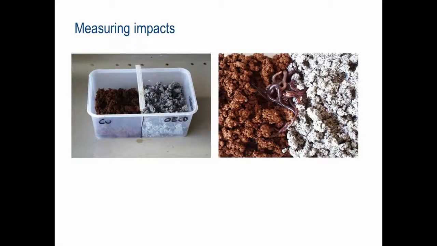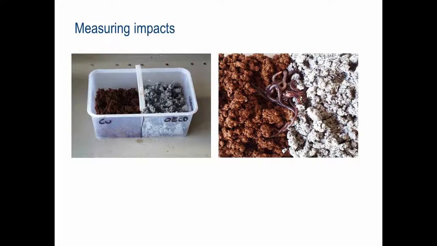Essentially, what we diagnosed this issue down to was the fact that this particular soil has had 30 or 40 years of copper application as a fungicide, and this copper now is quite toxic to earthworms. We ran a fairly simple OECD test known as the earthworm avoidance test, where we have our contaminated soil and a non-contaminated soil, and we put earthworms in the middle, and we come back 3 days later and count where they are.